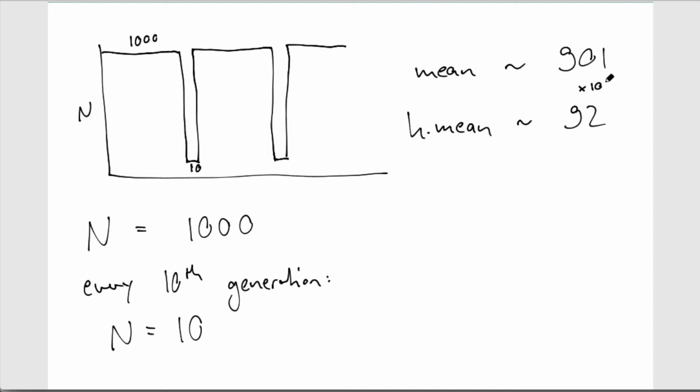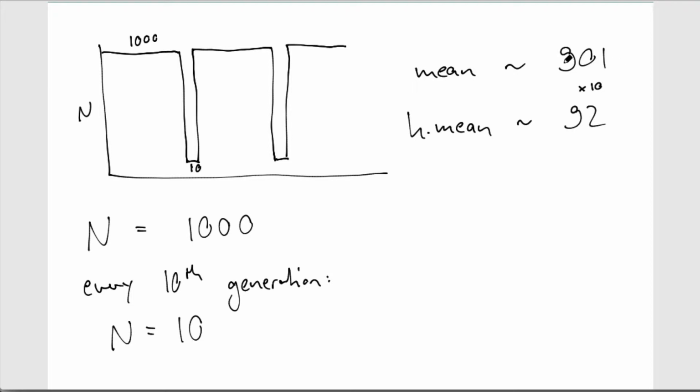That's why this effective population size matters, because a population with an effective population size of 92 will behave from a genetic perspective substantially differently than a population of size approximately 900.